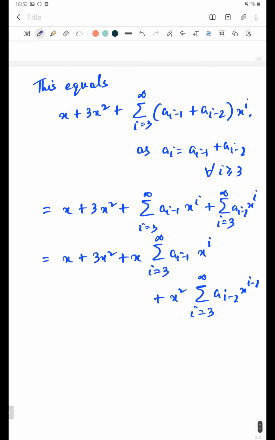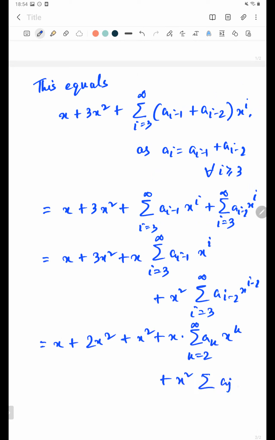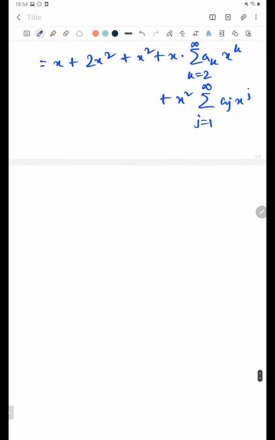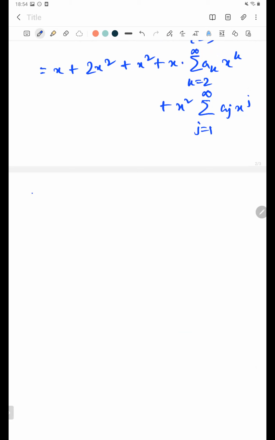This can be again written as this. So if you just perform quite a few calculations, you can check that this is equal to x plus x square plus x fx plus x square fx.